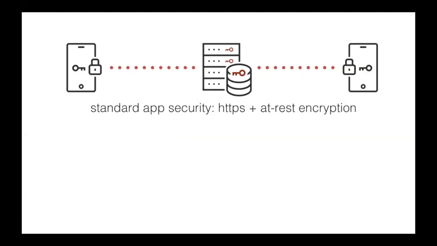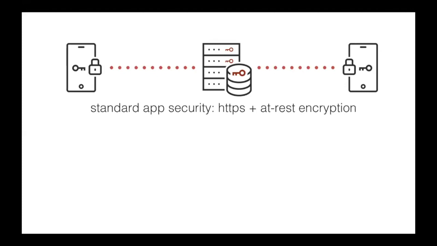This is the difference. And this is really just a 1-mile overview of what an application looks like today. So you have two mobile applications, two users, let's say in a chat conversation. This is how your application is built today, using HTTPS and at-rest encryption on your database in the cloud.